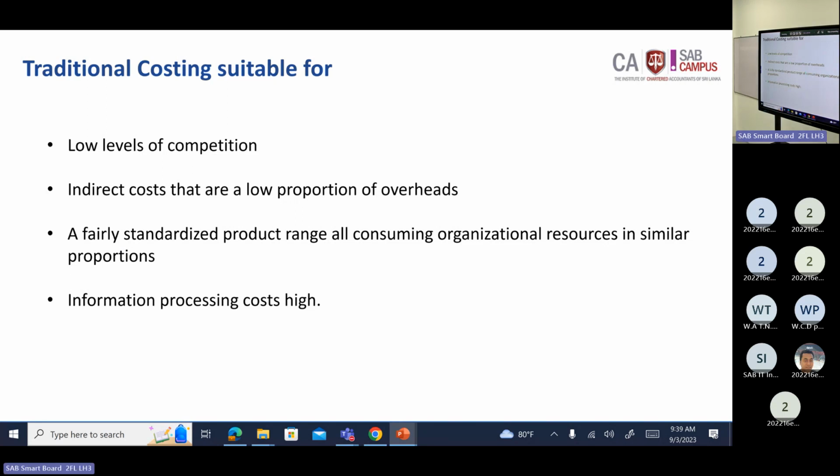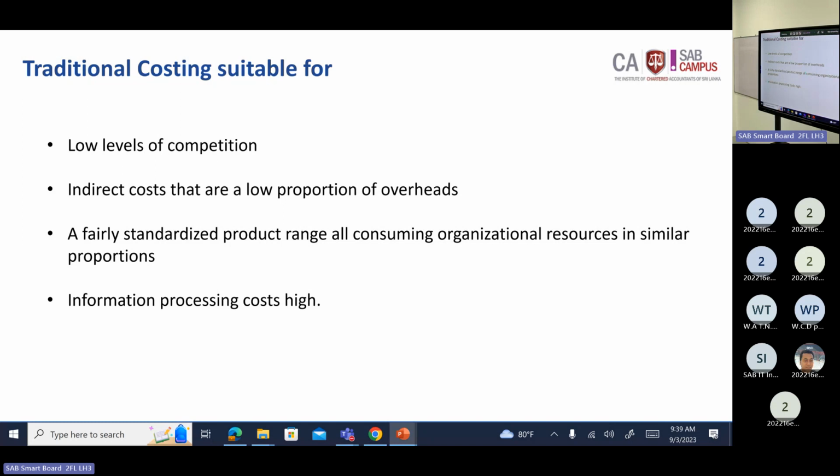What is that additional overhead costing and absorption costing deals with the competition? Why does it say the traditional costing is suitable for a low level of competition? Now, traditional absorption costing and activity-based costing.